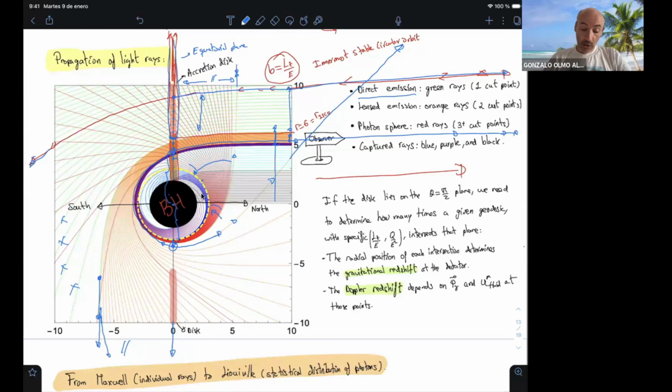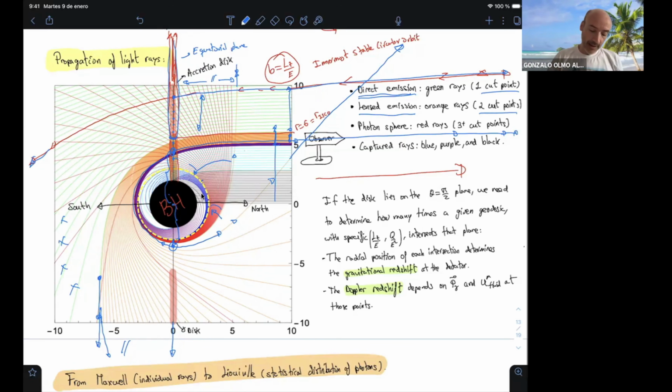So this is the classification of the geodesics. Typically, we speak about the direct emission, which are those that cut the equatorial plane only once. The lensed emission represents two intersections. It is lensed because it is strongly bent, but not too much. Only two intersections.